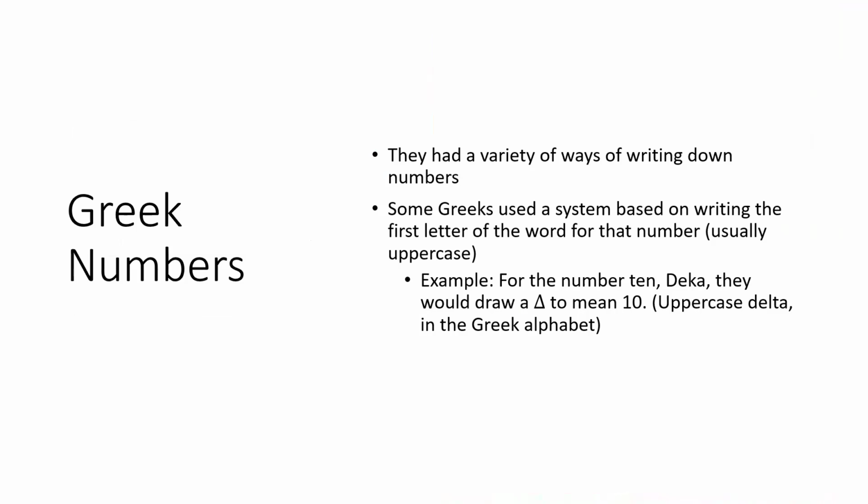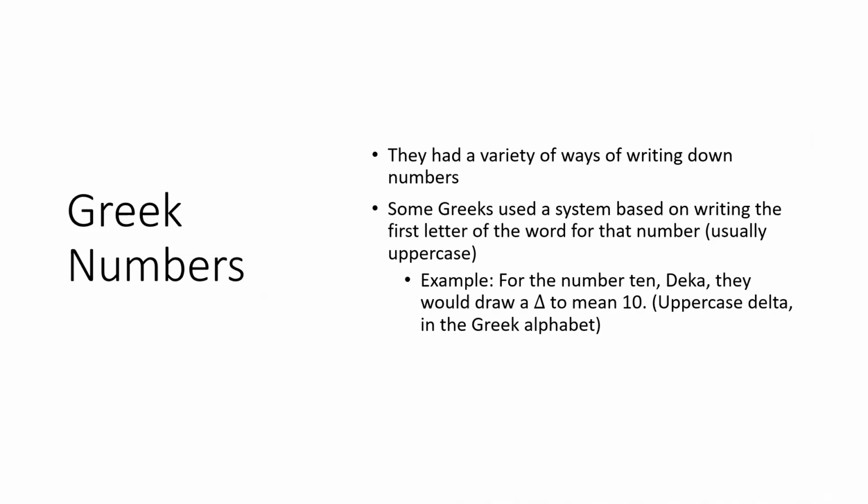They had a variety of ways of writing down numbers, which caused problems. Some Greeks used a system based on writing the first letter of the word for that number, usually uppercase. So for the number 10, deca, they would draw an uppercase delta to mean 10, not because 10 had not come yet.